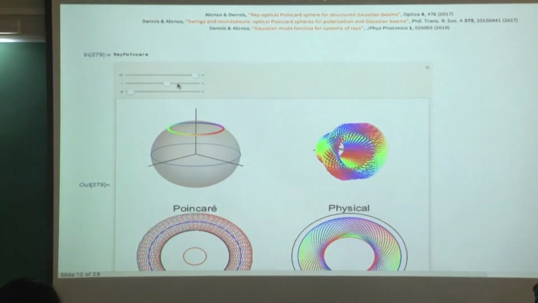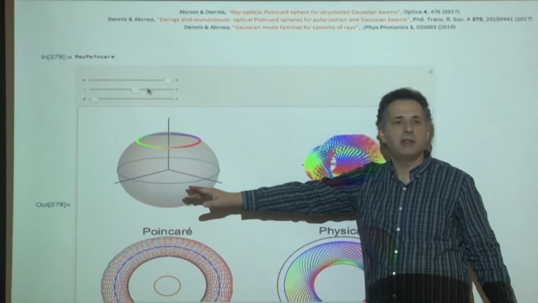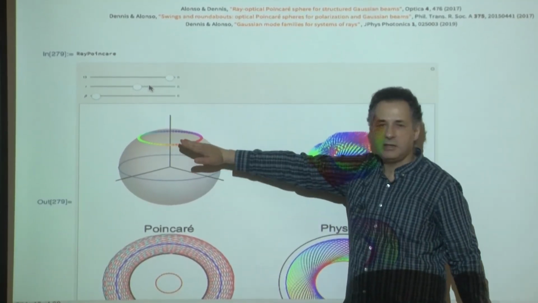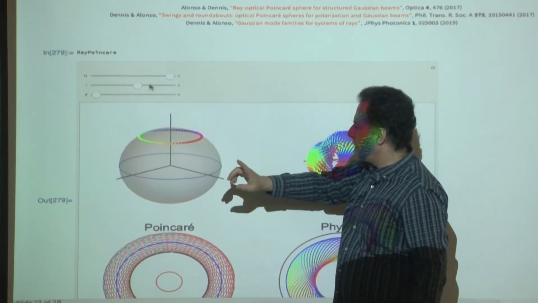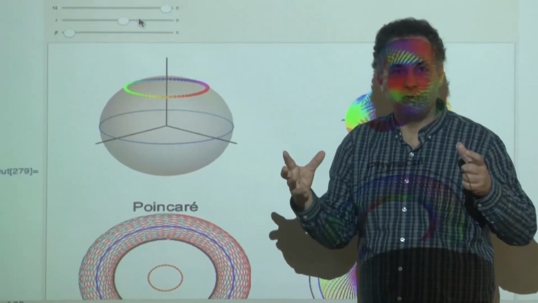So different, if I change the height, oh, no, wait a minute. For a given height, there's another parameter that I haven't specified here, which is the total order of the beam.